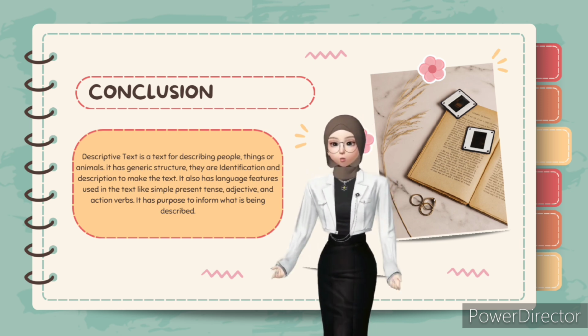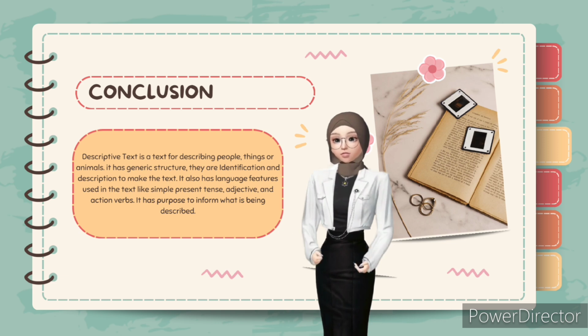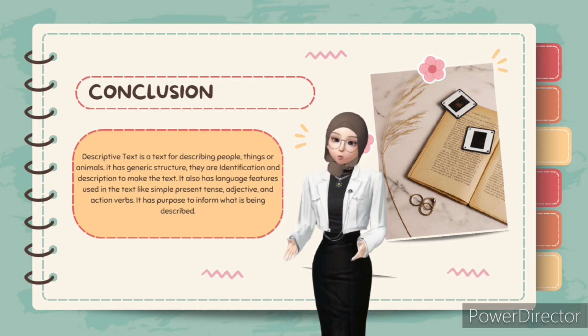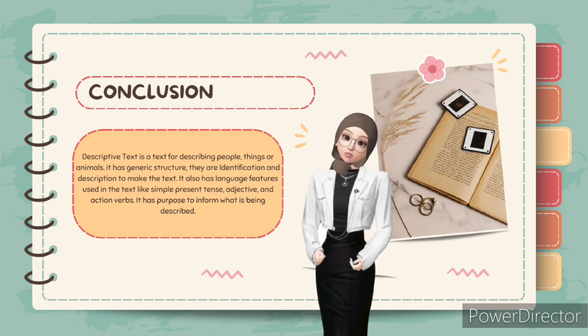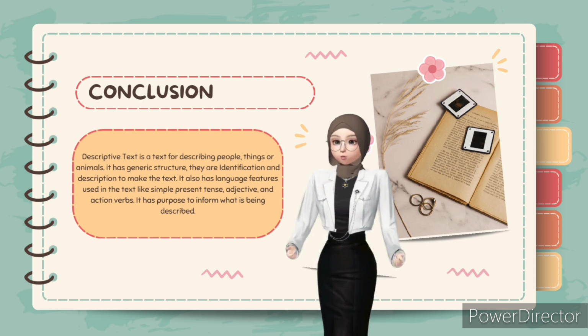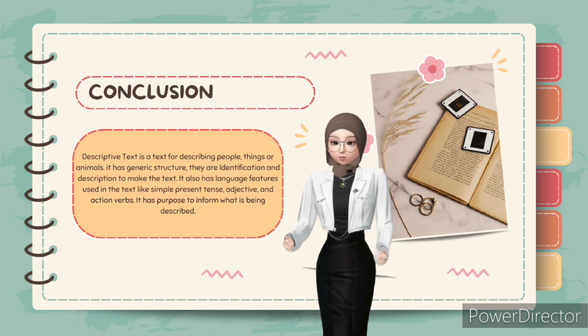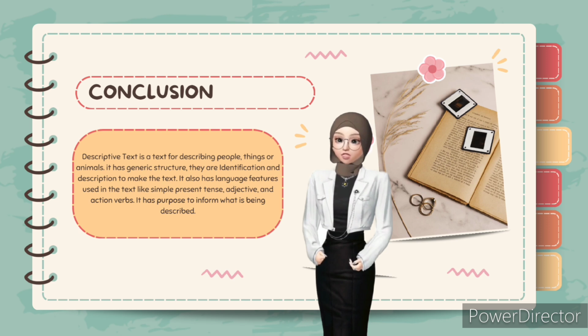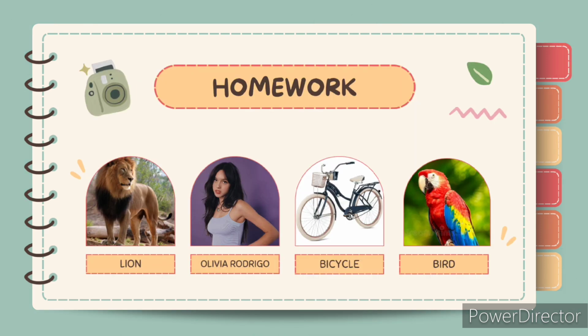It also has language features used in the text, like simple present tense, adjective, and action verbs. And it has the purpose to inform what or who is being described. Okay, I think that's enough for today's class.